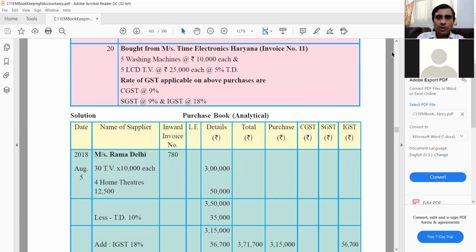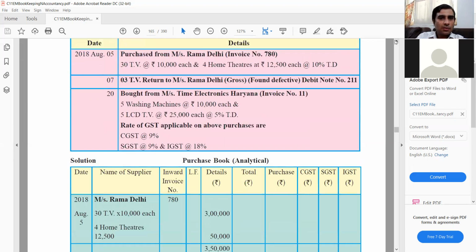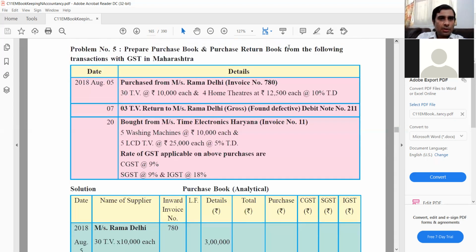Okay. And now what are they saying? So GST. Where did they mention? I did not read. Prepare the purchase book and purchase return book from the following transactions with GST in Maharashtra. So they're not mentioning the rate of GST over here.